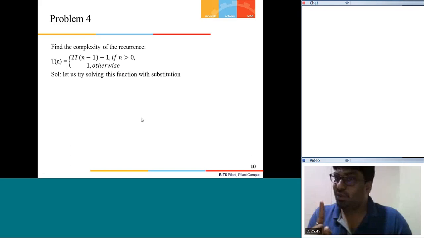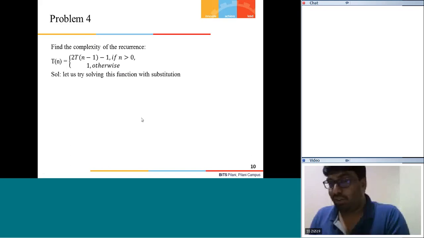Okay, so now look at this. What is the substitution method? What is the value of T(n) as per you? No, it's not n factorial. It's not n square. No, don't worry. See, recursion based equations will always come in conditions, either this or that.